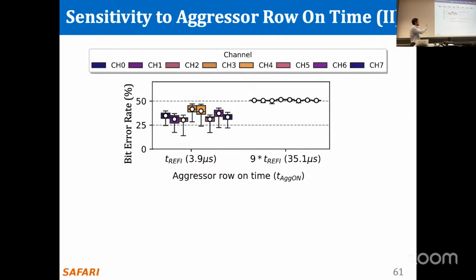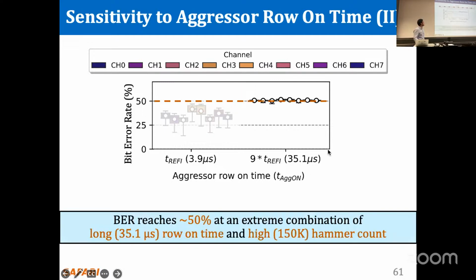And this is at even higher aggressor row on times, in units of tREFI. You keep a row open for 3.9 microseconds, up to 9 tREFI. The significance of these values has to do with how long you're allowed to keep a row open according to the standard. You cannot keep it open for longer than 9 tREFI. We see that the bit error rate reaches around 50% at an extreme combination of this long activation time and high hammer count.